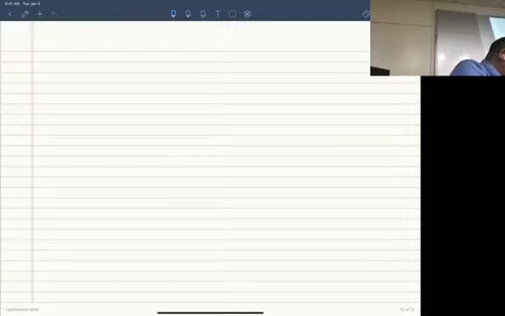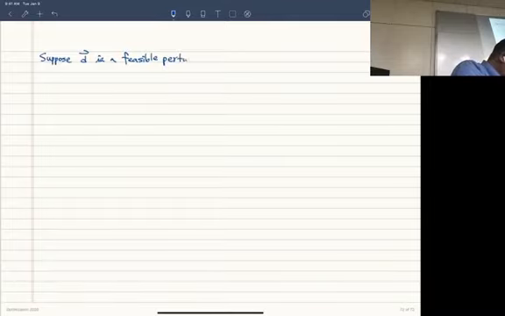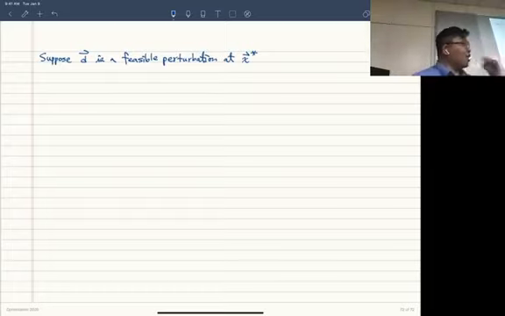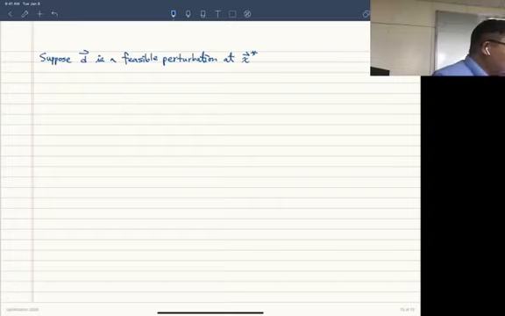For the further discussion, suppose I have a vector d that is a feasible perturbation at my optimal. Again, it's a movement, a moving vector from your optimal.